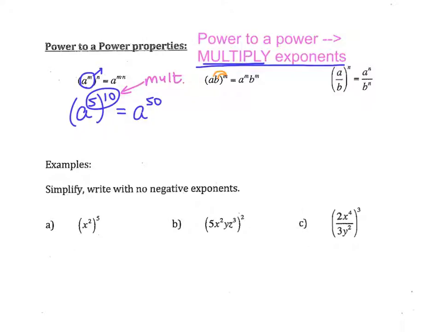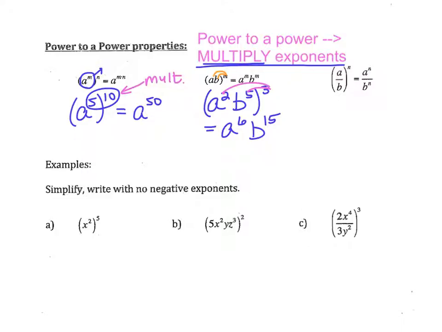So A gets raised to the M and B gets raised to the M. So let's say you had A to the 2nd, B to the 5th, and you raise that to the 3rd power. The 3 applies to both parts. So that would become A to the, we're multiplying the exponents, so 2 times 3 is 6. And then B to the 5 times 3 is 15. Power to a power, you multiply the exponents.